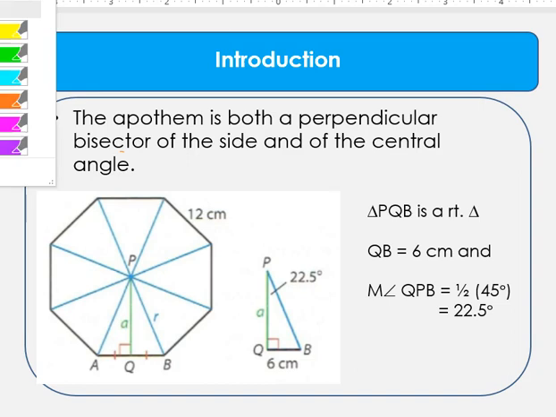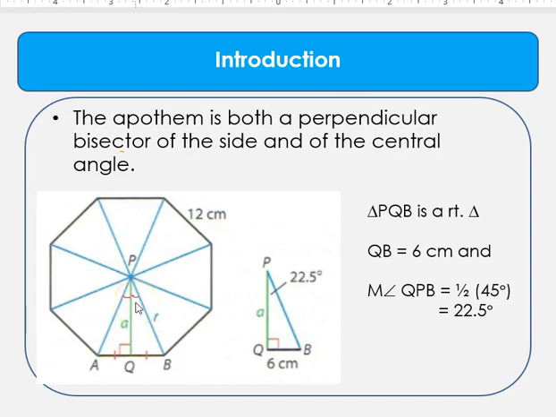So be sure to make a drawing of this, and you should have the two angles marked congruent, and your bisected sides congruent right here. Then you should redraw the triangle.